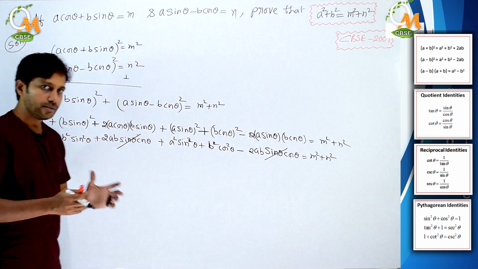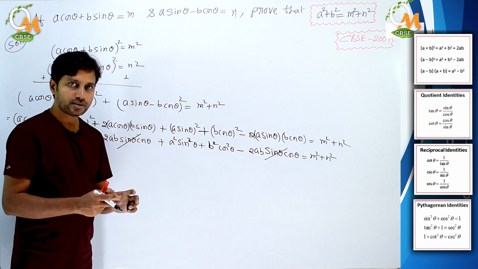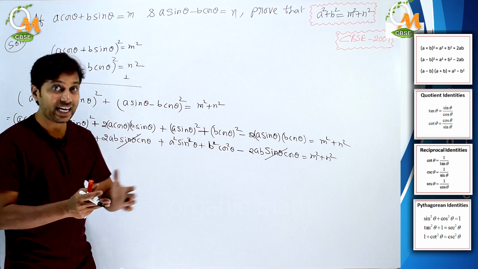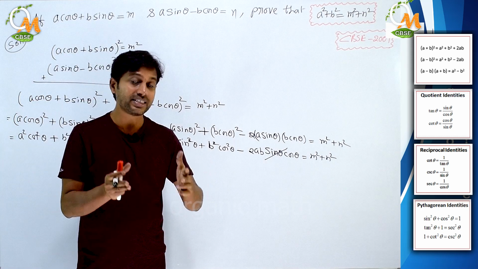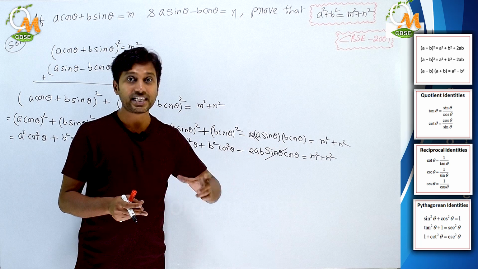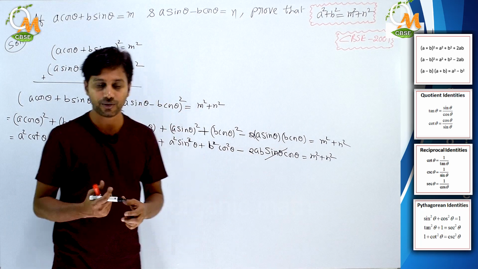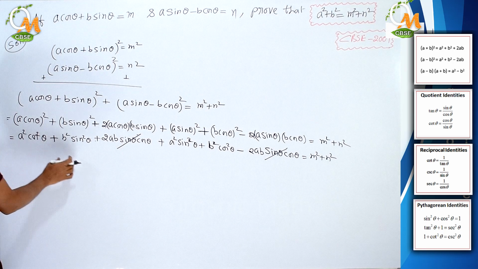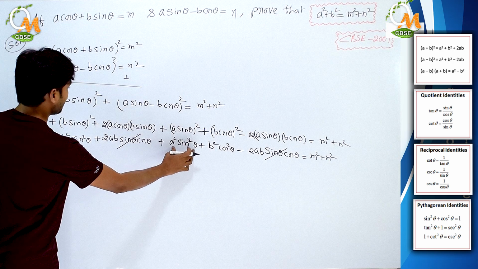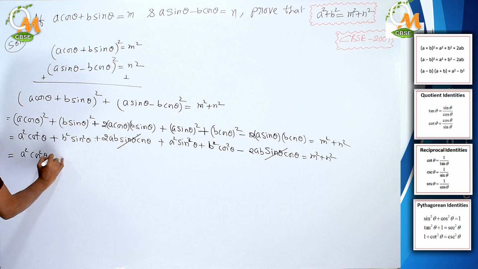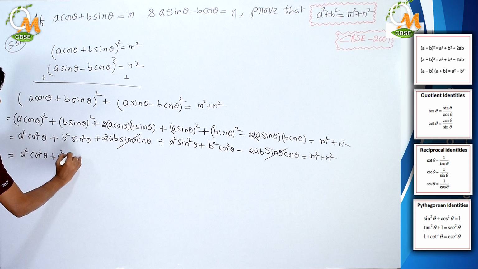Now group the terms according to your convenience so that you can obtain a trigonometric identity. Rearrange the terms in such a way that you will get identities like sin square theta plus cos square theta. Here a square cos square theta is there, and here a square sin square theta is there. Write them together: a square cos square theta plus a square sin square theta.